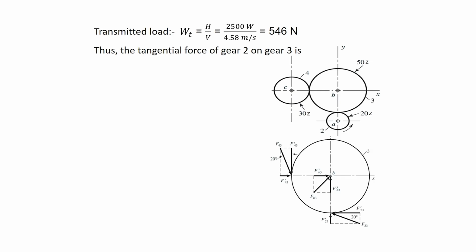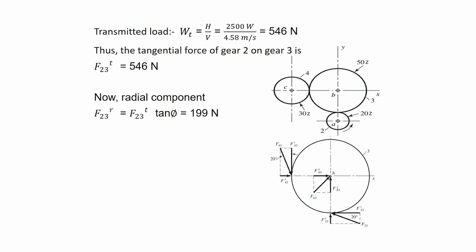Thus, the tangential force on gear 3, F23 tangential, is equal to 546 Newton. Now, the radial component F23 radial is equal to F23 tangential multiplied by tan of phi, phi is 20 degree, and so it is 199 Newton.